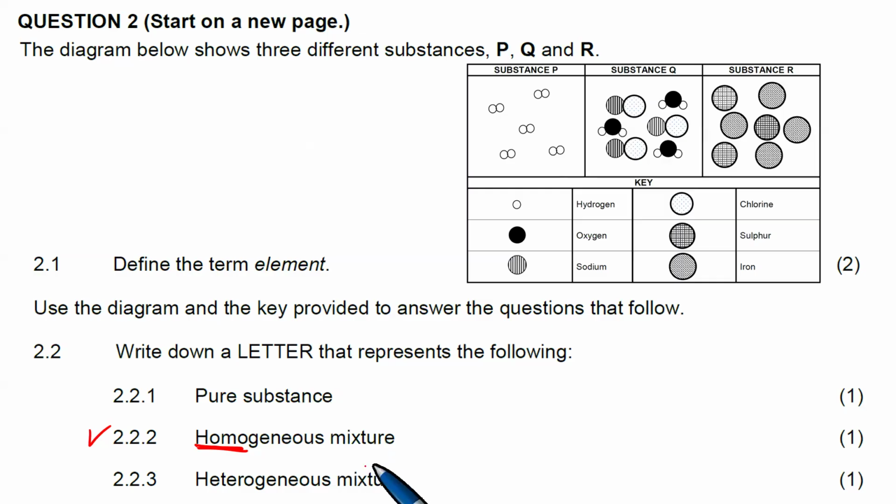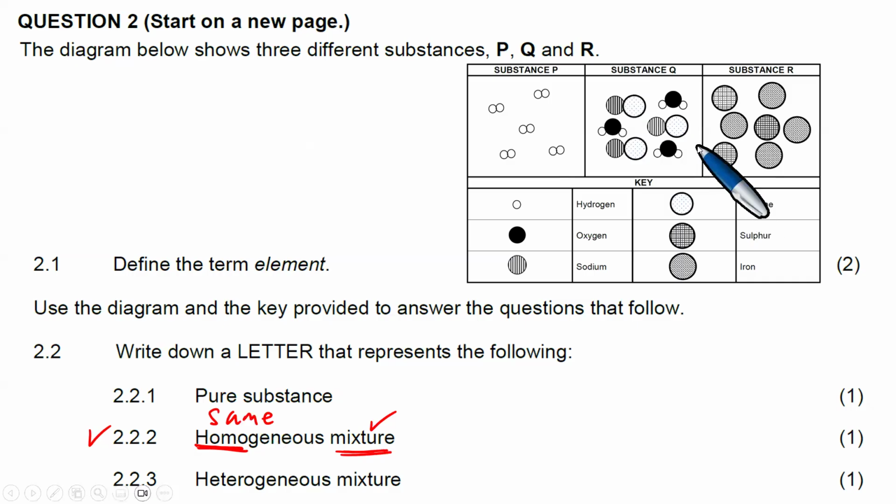Well, the word homo means same, but it must be a mixture. It must have different elements, because for it to be a mixture it must have different elements. So we expect a combination of things. So this piece is out because it's not really a mixture. For a mixture, you need to have different elements.